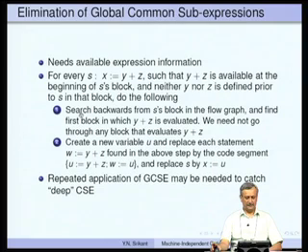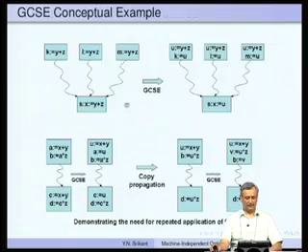To determine this, we need to search backwards from S's block in the flow graph and find the first block in which y plus z is evaluated. This has to be done for every path that reaches backwards in the flow graph. So, we have this particular basic block, and there are 3 paths that we have shown here. We must make sure that along each path we search backwards and come to the block that evaluates y plus z.